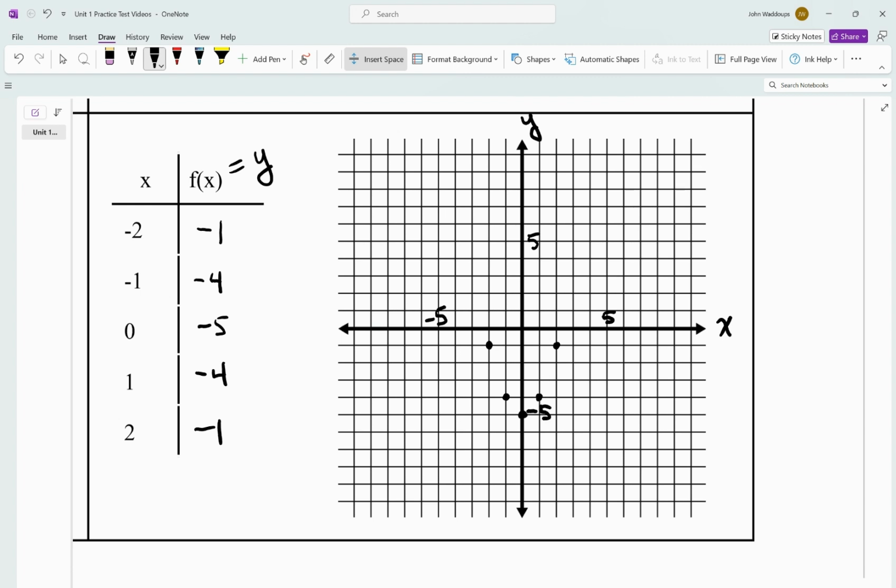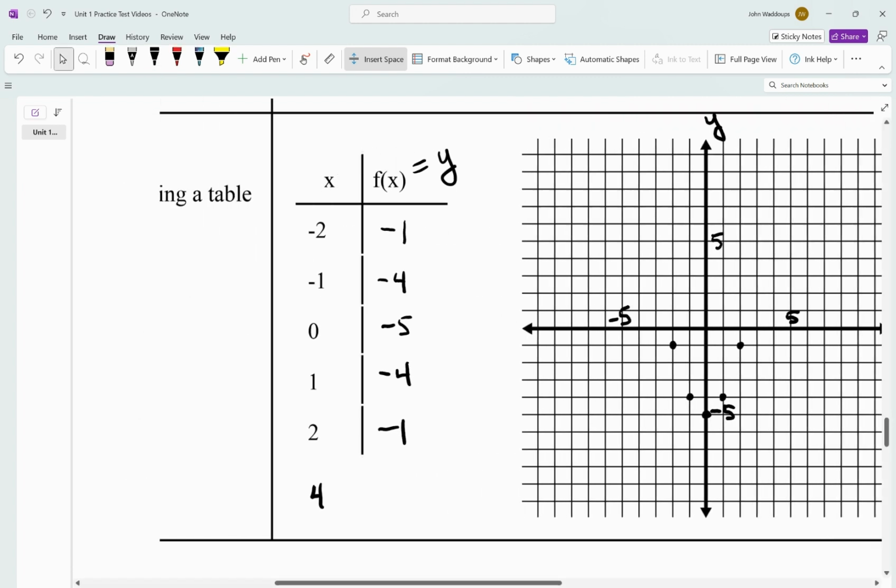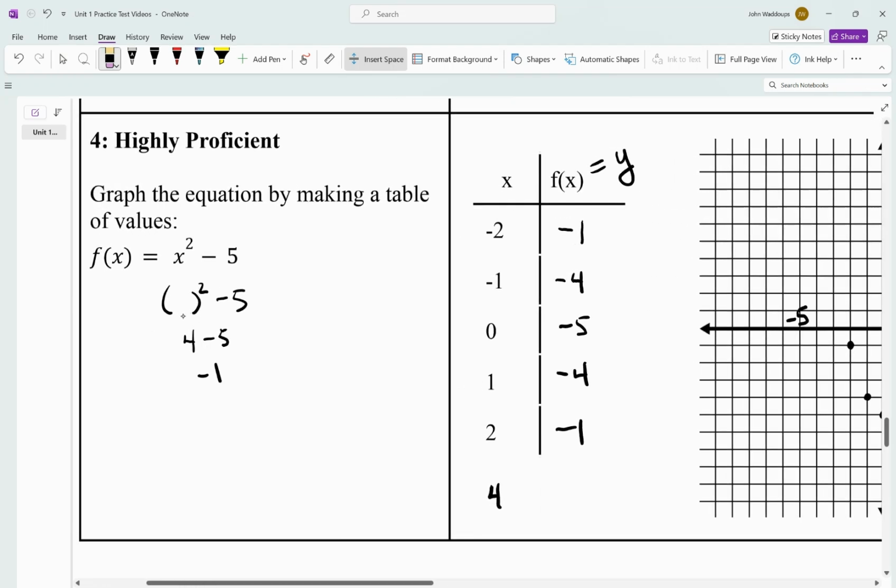But if I wanted to see what happens at, say, 4, because I want to know what the values are in this area, I'm going to just choose 4 and plug that in. I can supply my own values for x, and then find the value for y.